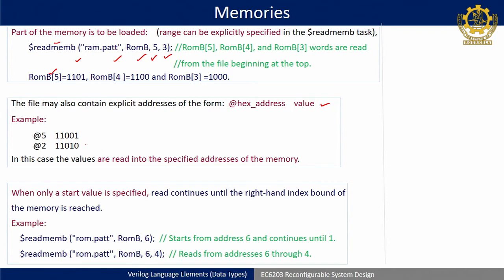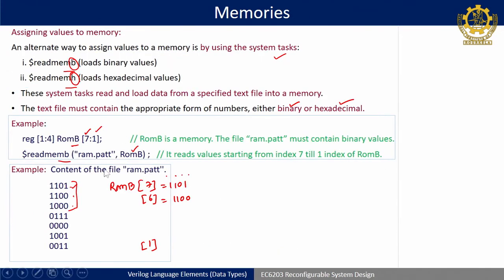Okay. Now, next we are discussing what happens if a start value is specified. This is another syntax: $readmemb rom.pat file, comma, ROM B, comma, 6. It indicates that I have just given the starting memory location. Initially, by default, if you are not giving anything, it takes from 7 onwards to 1.